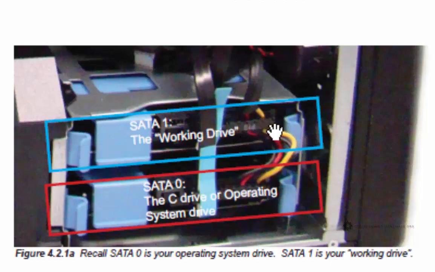Recall that when we plug something in externally, data has to go through all those cables and outside of your computer to get data and send data back. So by having it internal, it's going to be much faster. When we choose a working drive, we always make sure that it's an internal drive, if at all possible.